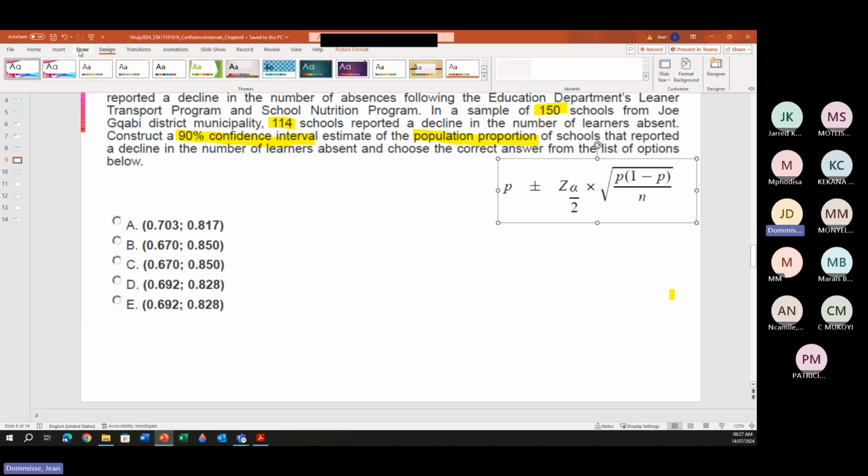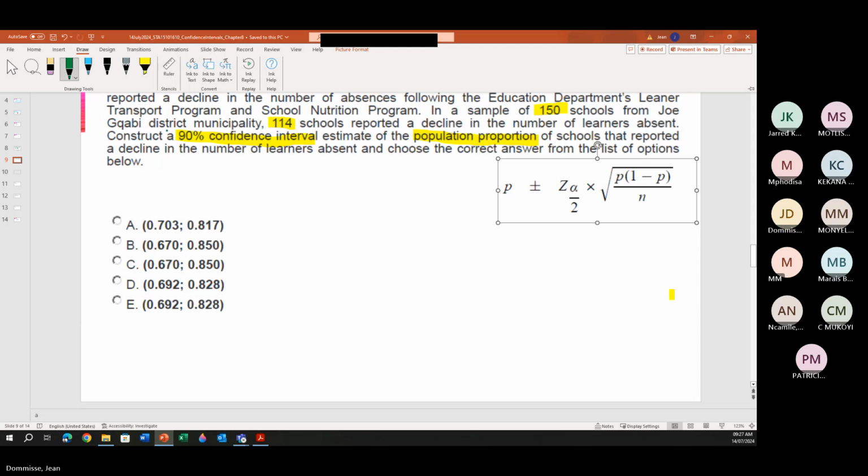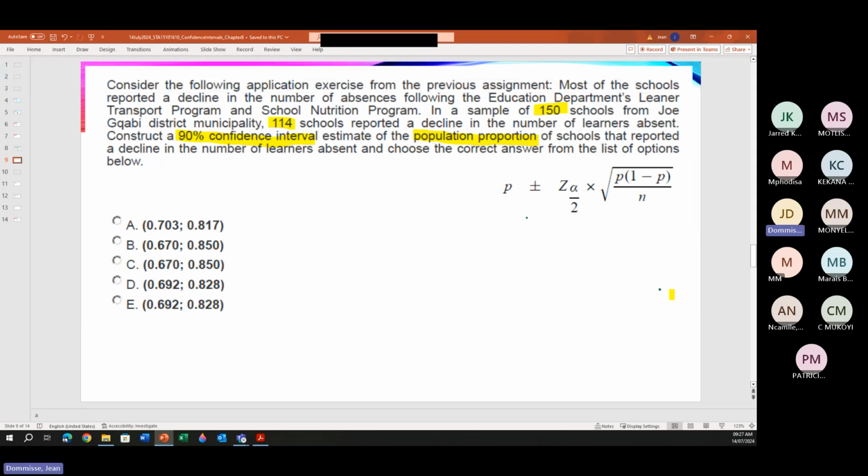So let's see what we have. Proportion we have, but we first need to work it out. So the proportion is 114 divided by 150. Let's just work that out.